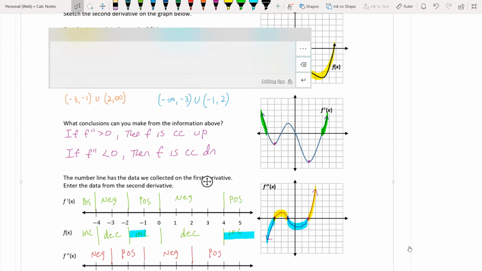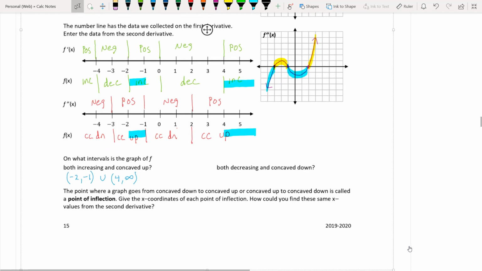Okay? So, where am I both decreasing and concave down? That's decreasing from negative 4 to negative 3, concave down.